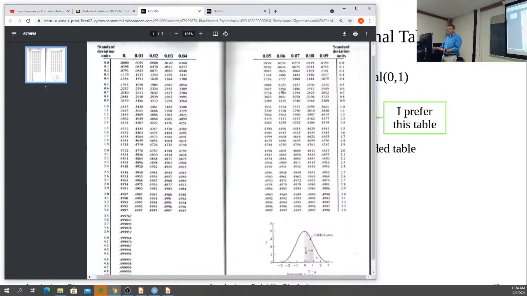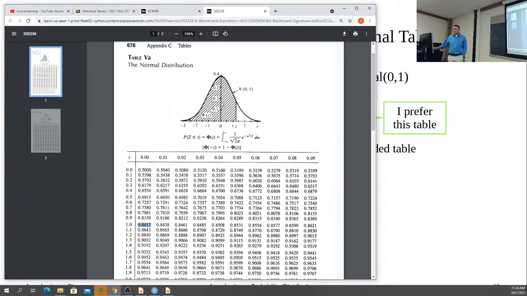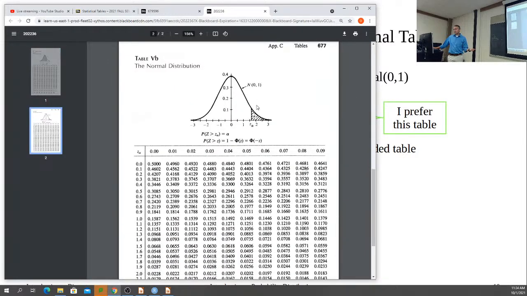You can do a search for normal tables, and you'll find others. I prefer this table because it gives us the entire area to the left of our value. So on this first page, it's from here, whatever our z is, to the left of that point. On the next page, it's to the right of that point.